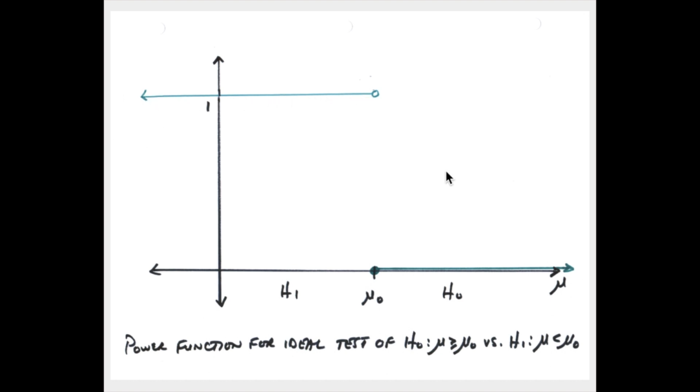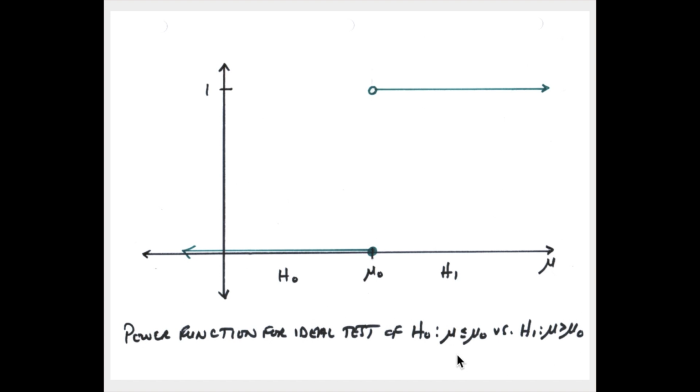And then finally, the power function for an ideal right-tailed test. The null hypothesis says here that mu is less than or equal to mu naught versus the alternative that says that mu is greater than mu naught. An ideal test would never reject for any value of mu that is less than or equal to mu naught.